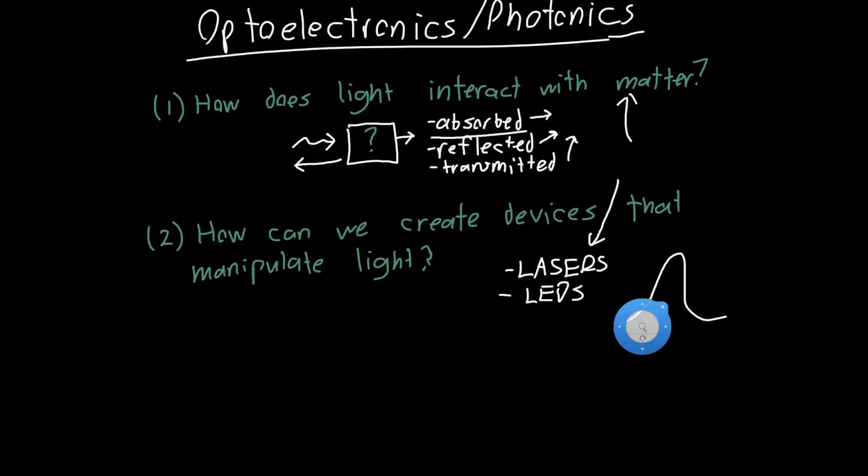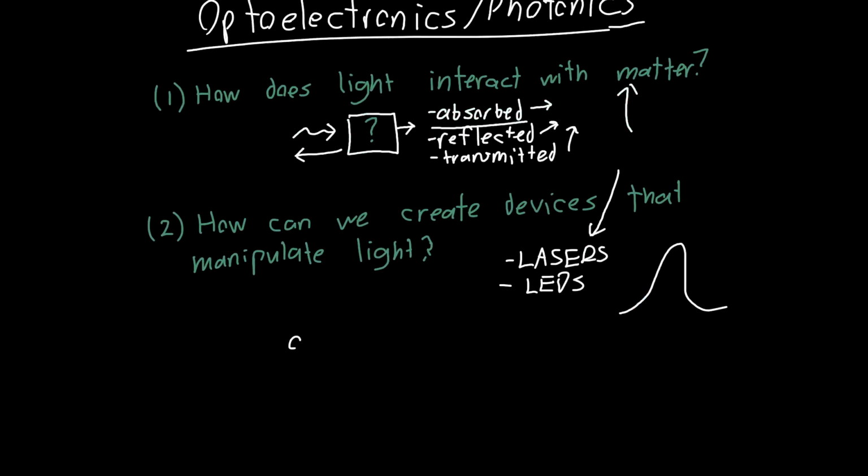Now, personally, I think optoelectronics is probably the coolest of all the disciplines I've been a part of. And that's just because it's so complicated. It requires so many different domains of knowledge. You need to understand quantum mechanics. You need to understand electromagnetics. You need to understand, to a certain degree, circuits, device physics.